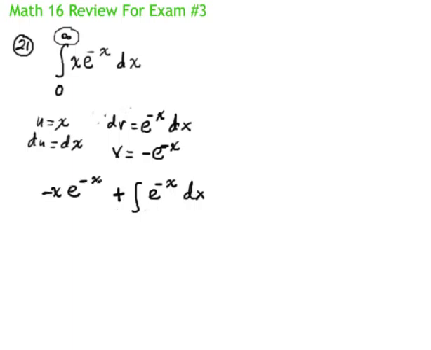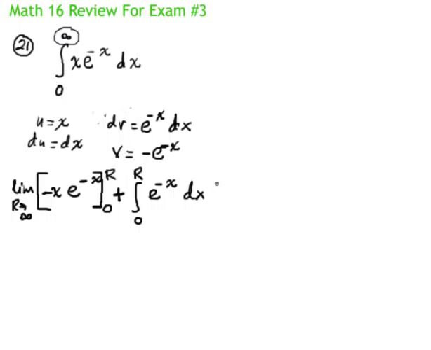Okay, now we're going to evaluate this. It gets evaluated between 0 and infinity. We'll say 0 and r, and we'll take the limit as r goes to infinity. And here we're also evaluating between 0 and r.